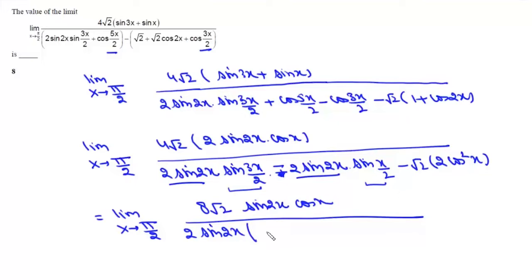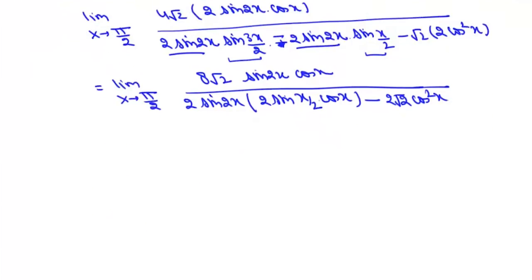Now sine c minus sine d is 2 sine c minus d by 2, which is sine x by 2, into cos c plus d by 2, which is cos x, minus 2 root 2 cos square x. Now since the limit is x tends to pi by 2, we have a problem with cos x. So what we'll do is we'll write sine 2x as 2 sine x into cos x.